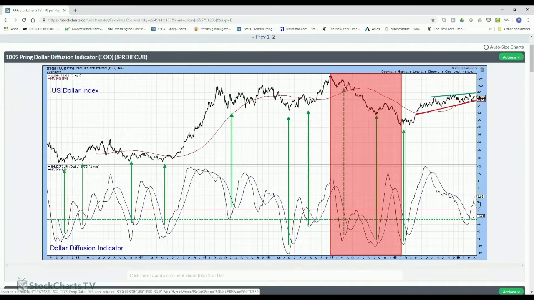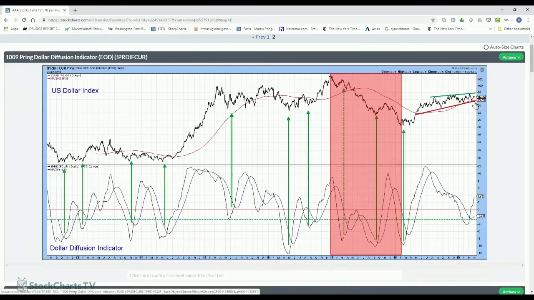We don't know how long it's going to stay in a bullish mode, but if it was up here at the 10 or 12 area, then we could be preparing ourselves for a potential reversal. But it's kind of a neutralish sort of reading just here. And that suggests that it's got more upside potential before it gets overbought. And then the dollar itself is above this support trend line here and its 200-day moving average.